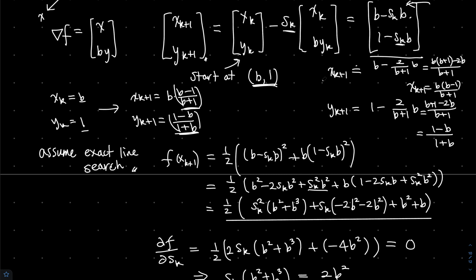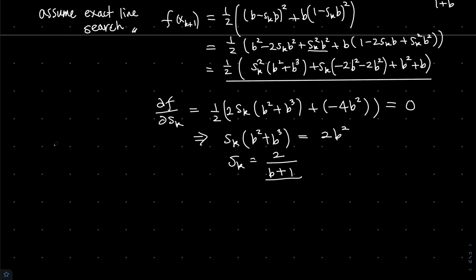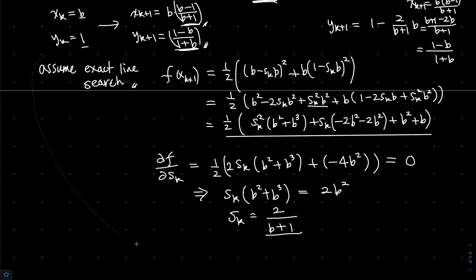Now, if we assume that we can perform this exact line search for all k values, this ratio is going to be always common. So we can distill this. So let me just move this below further.